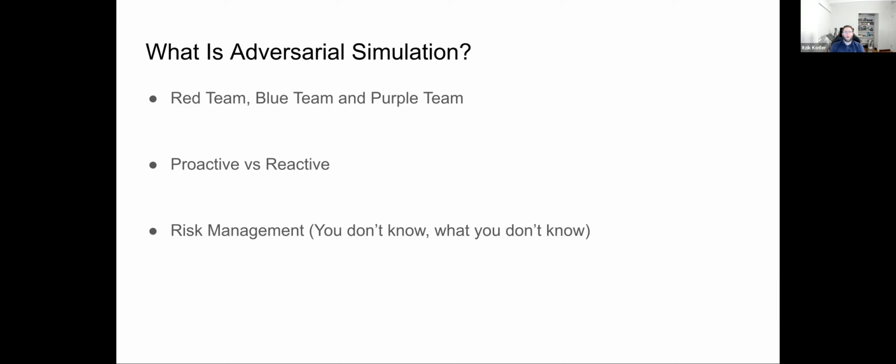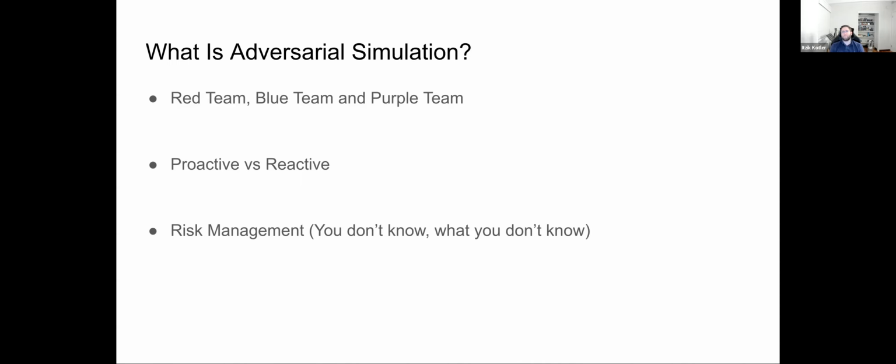Again, remember, all of these teams, red, blue, purple, they all work for the benefit of the company. They all work for the benefit of risk management. Nobody here is winning if the other side is losing. And so even when those exercises do happen, at the end there is a session where knowledge is being shared, information is being passed. And again, it all goes back into improving the company's security posture.